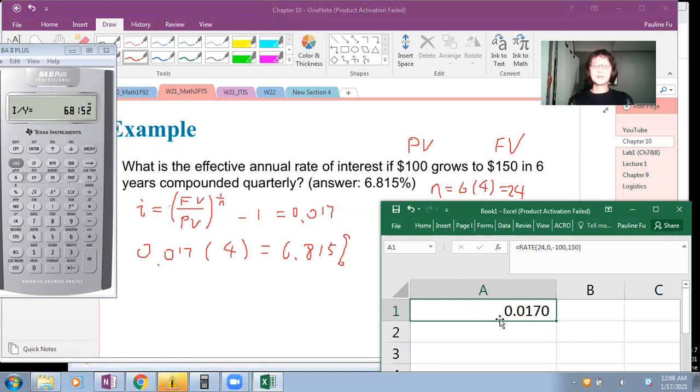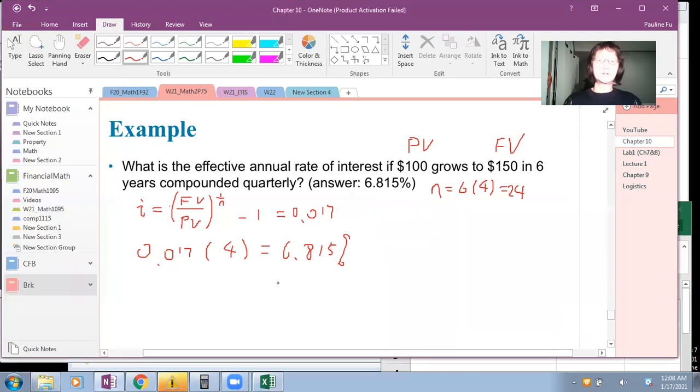So you have to calculate the annual rate: periodic rate times 4, because it is compounded quarterly. If you change to percentage, it is this number. Okay? So I will copy this rate, and you get 0.017. Then return here, times 4, and you get the answer. Okay. All right.